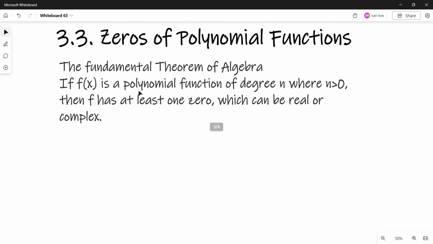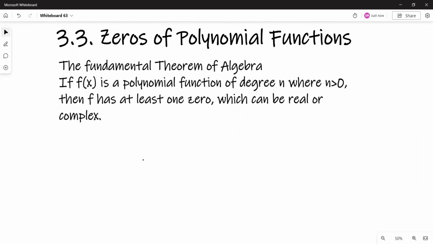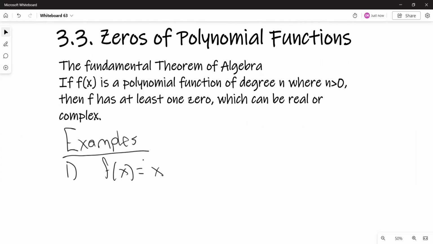So what do zeros look like? Let's see. Okay, so let's say we have a polynomial function, f of x. It's x squared plus 3x minus 4. We can write this polynomial in factor form.